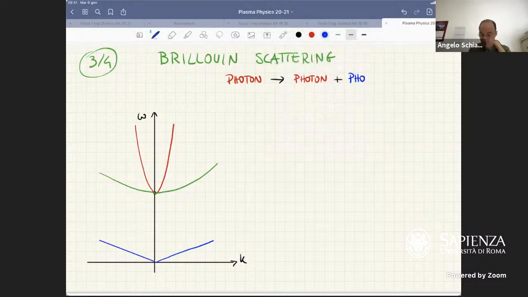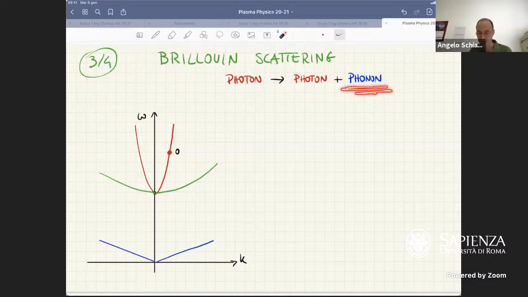So for instance, let's suppose we have an incoming photon here. This is our zero state, and we want to couple it with a phonon in the exit reaction.